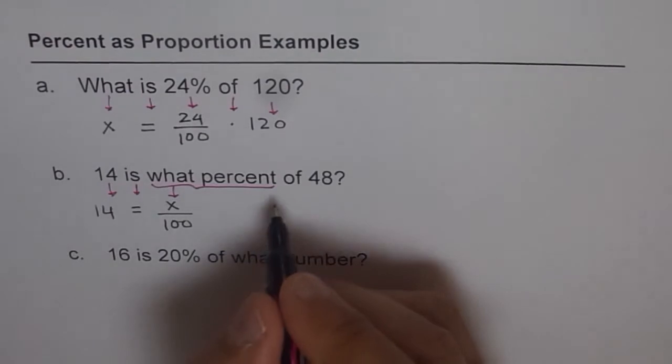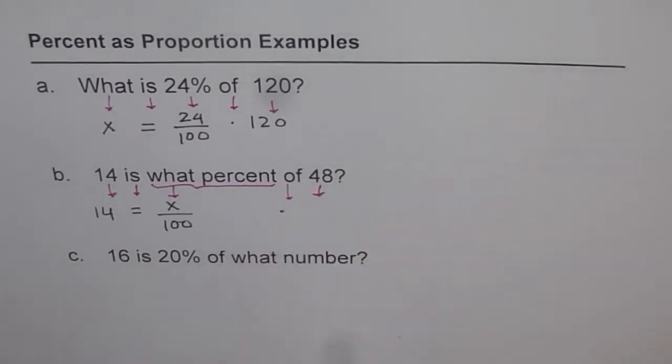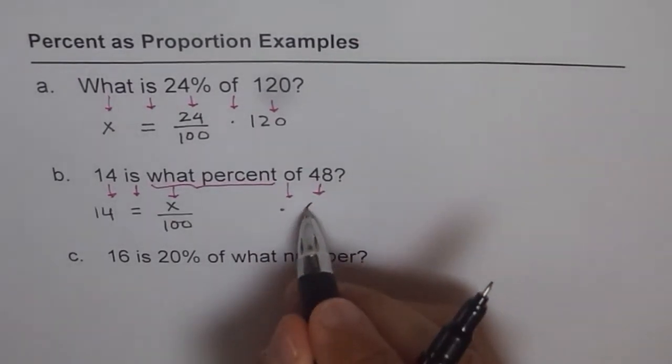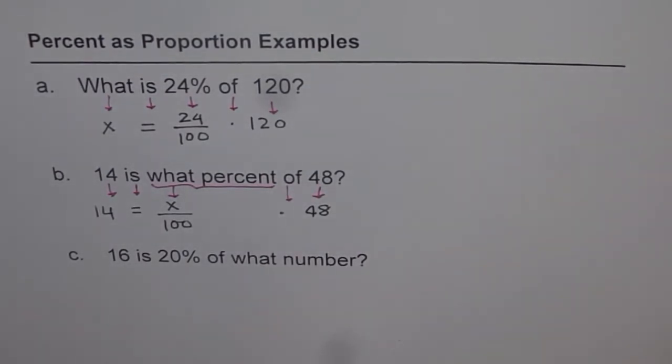And here, of means multiplication, right? So we'll write a dot here. 48 is the number. Same in all the languages, correct? So we write 48. So we got mathematical language from English, right? This is transferring sentences to mathematical language. When we do that, we always get an equation, okay? When you translate phrases to mathematics, then you get expressions.